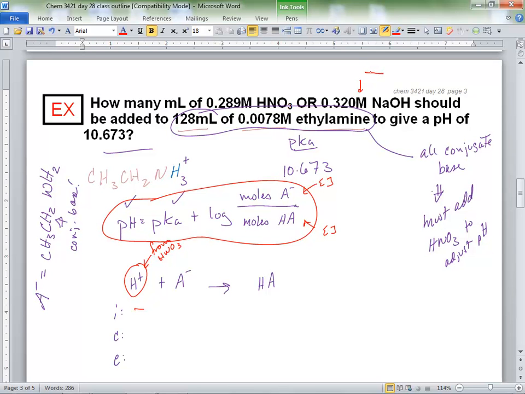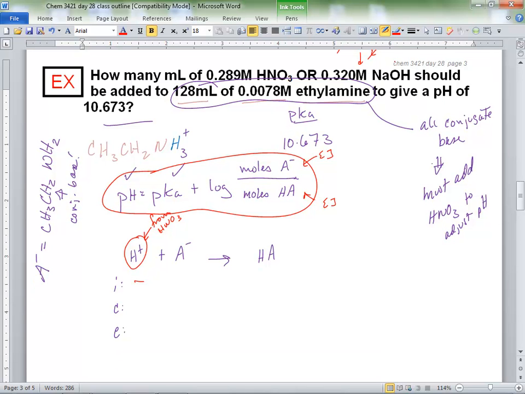It was what over what? Moles over liters, right? So just multiply it by the liters. Okay, so pretty much 0.128 liters times 0.0078 big M. Okay. Do I have any initial conjugate acid present?